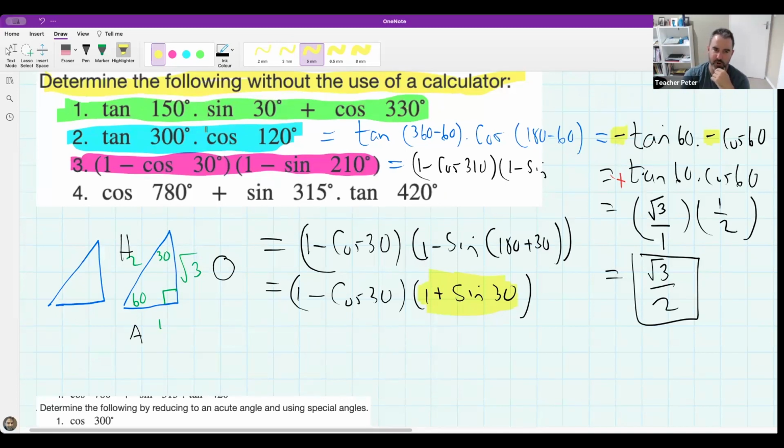Negative times a negative is a positive. Tsapang, you're right on the money. And here's why. This becomes minus sine 30, but there was already a minus in front. And so minus a minus gives a positive.